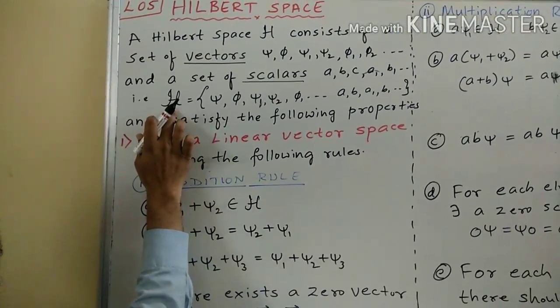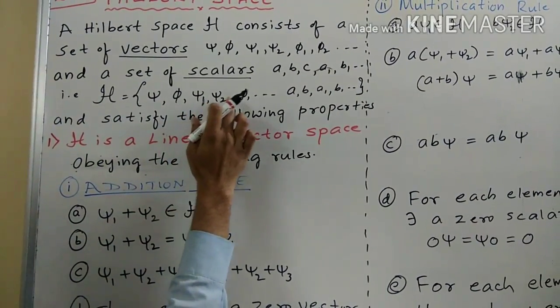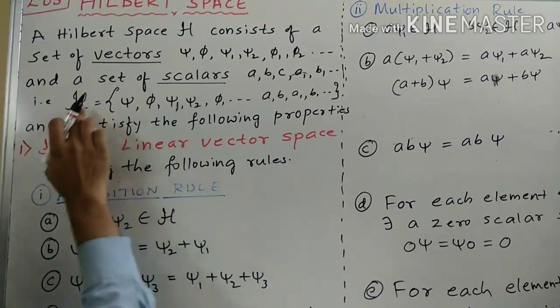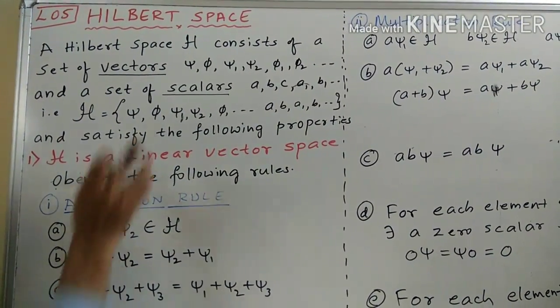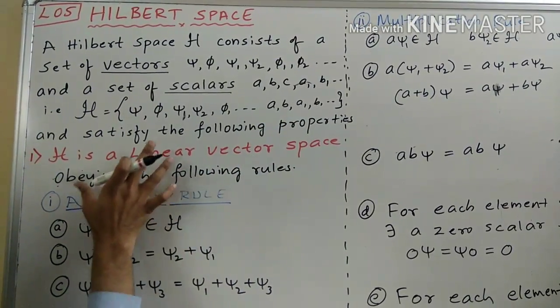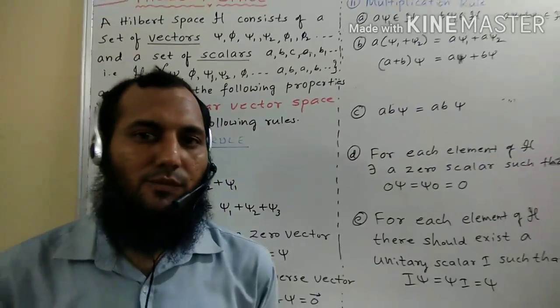So H contains the vectors psi, phi, psi1, psi2, psi3 and the scalars. So this is the set H. Not only this, H should satisfy the following 4 properties.